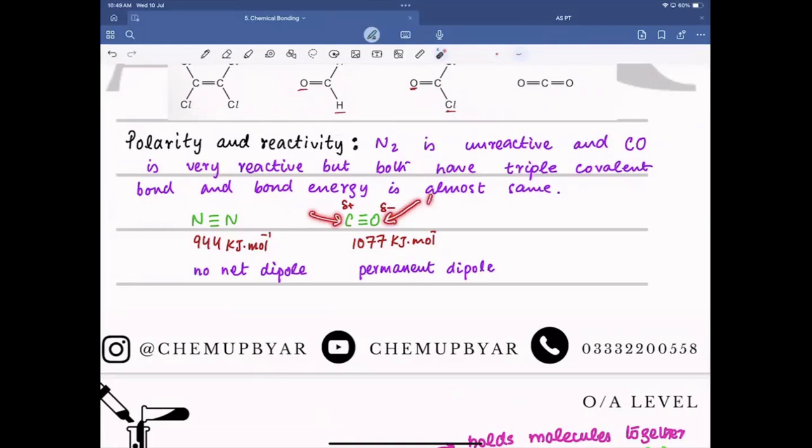If, for example, there is an oxidant, this can attract it towards itself. In the same way, if there is anything positive, it is attracted towards this side, but nitrogen cannot attract anything towards itself. So due to the dipole, CO becomes very reactive. See how polarity is affecting the reactivity. Understandable? Yes, sir.